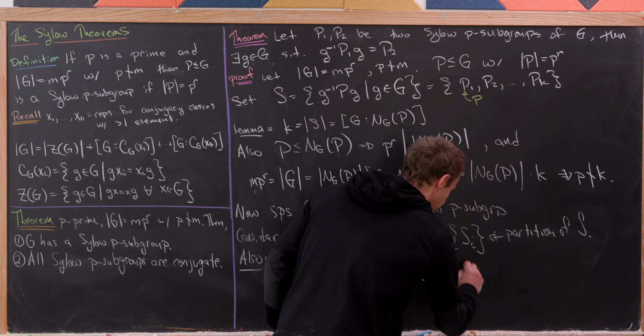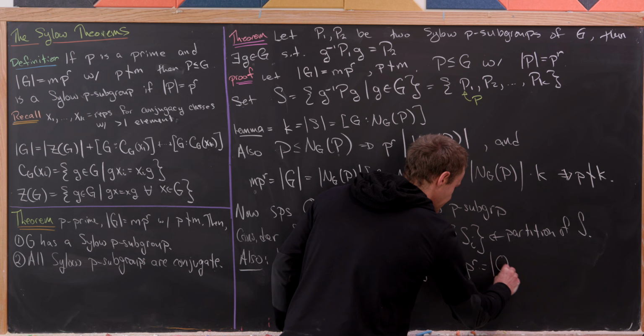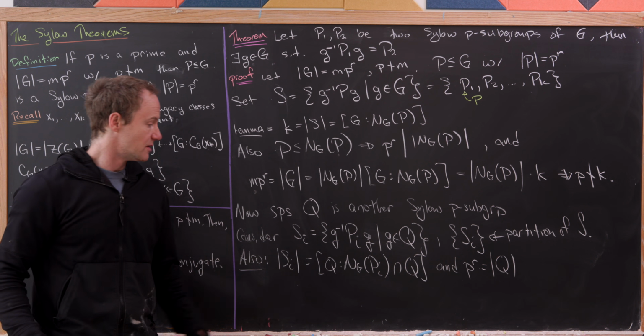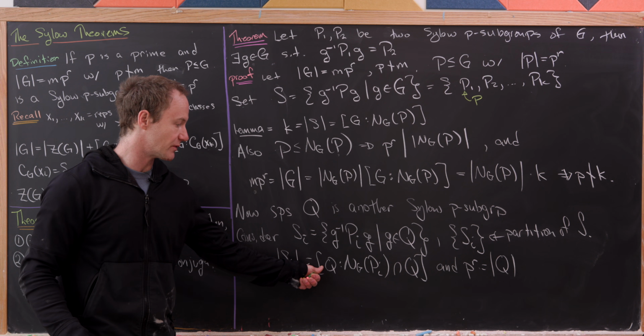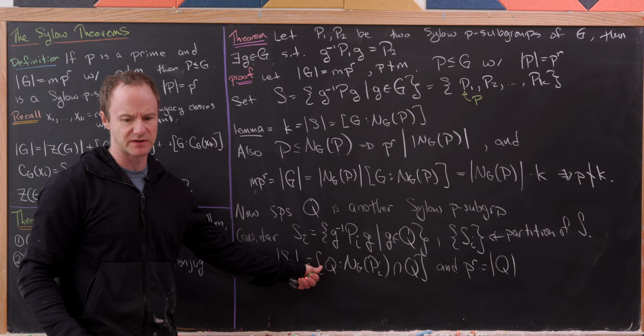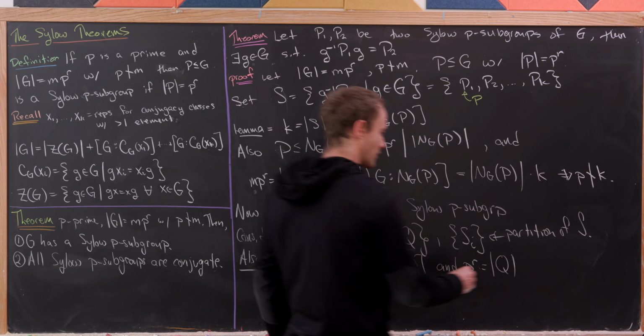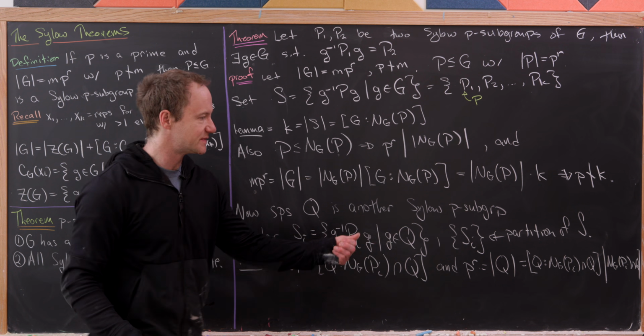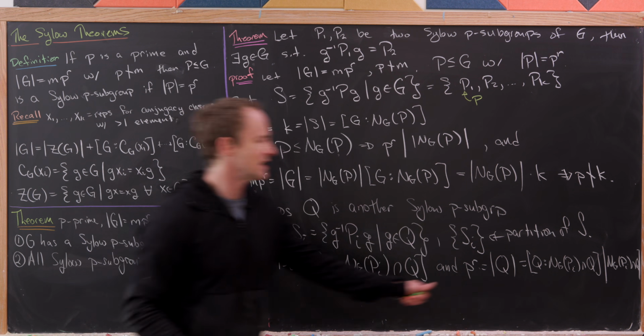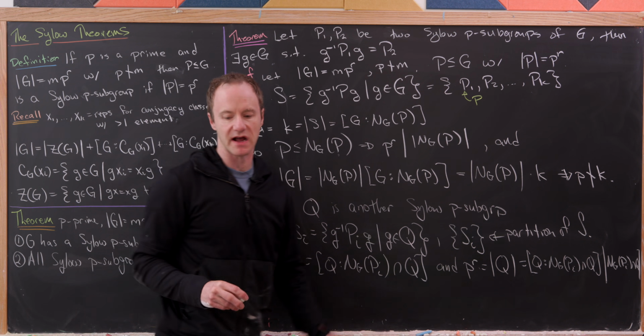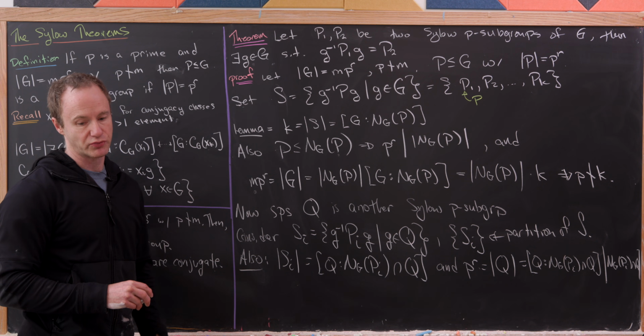And we know that p to the r is equal to the size of Q. But then the size of Q can be written as a product of two things, in other words, the index times the size of the subgroup. So this is just the subgroup over here. It kind of got smushed, but I think that's pretty clear.